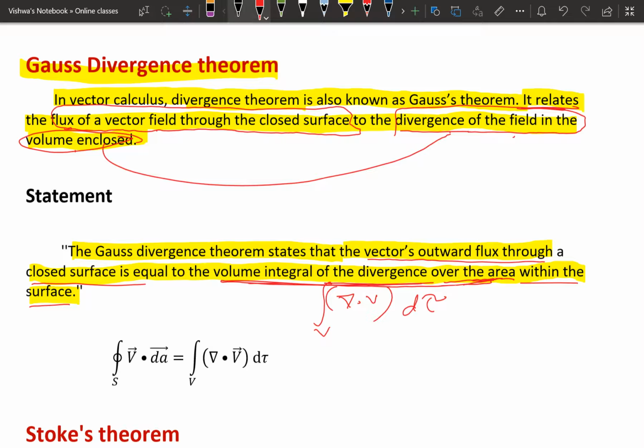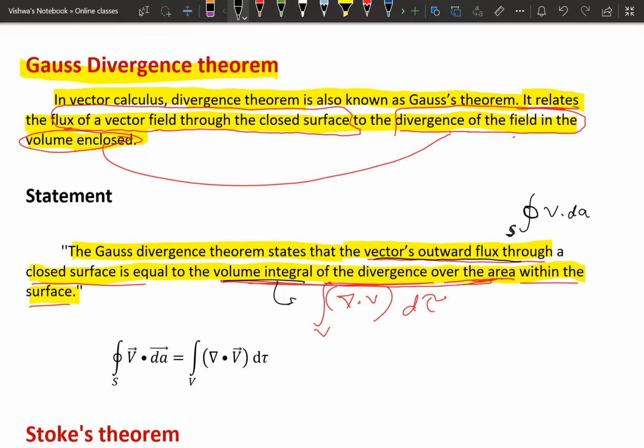This relates to the second sentence. What about the first sentence? Vector outward flux through a closed surface. This is represented by the closed surface integral, the circle over the integral. Here the S indicates a surface. Then the flux is V dot dA.